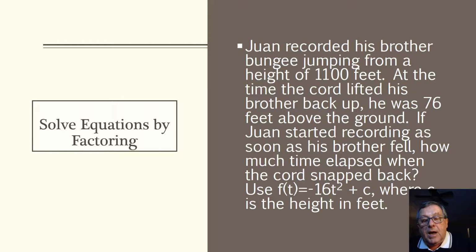Okay, so let's see what we got here. He started jumping at 1,100 feet, and he fell until he got 76 feet above the ground. So Juan's recording it. We want to find out how much time elapsed by the time the cord snapped back, which means that he fell from 1,100 feet to a height of 76 feet.